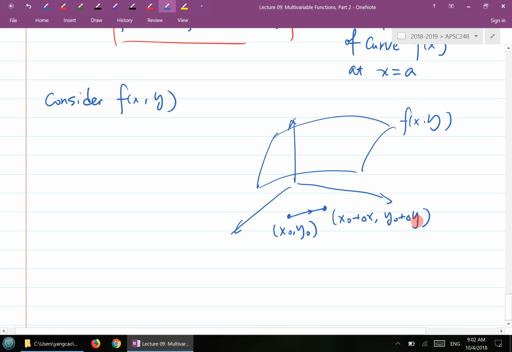It's a small position change, which means you have two corresponding function values: f of x naught, y naught, and f of x naught plus delta x, y naught plus delta y.